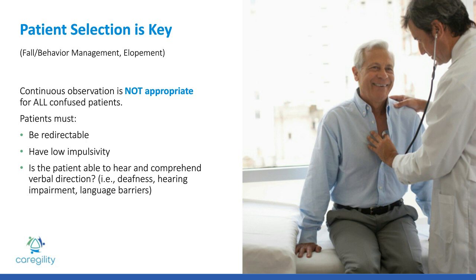And, as I said, a virtual person obviously can't physically stop anyone. And then they also need to be able to hear and comprehend verbal directions. So folks that are very hard of hearing, have significant hearing impairment, or are deaf, or there are language barriers, those kinds of things also are not good candidates for virtual observation as well.